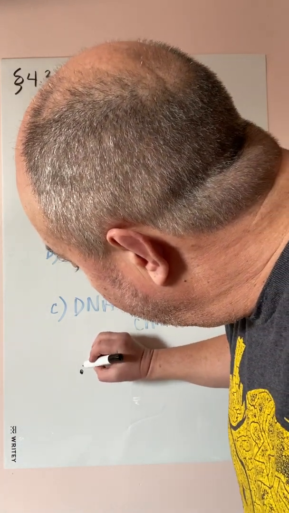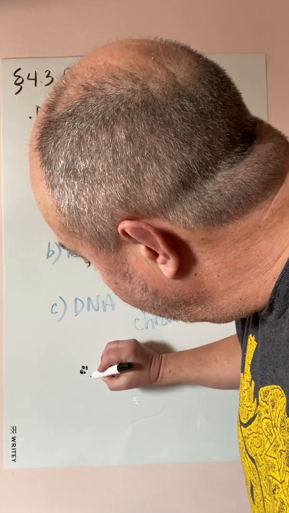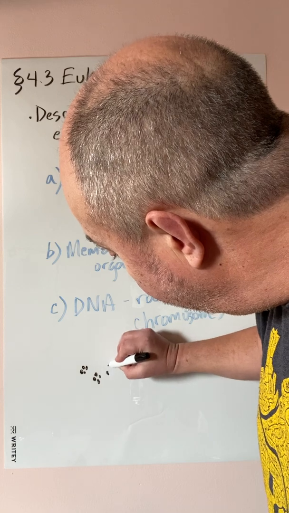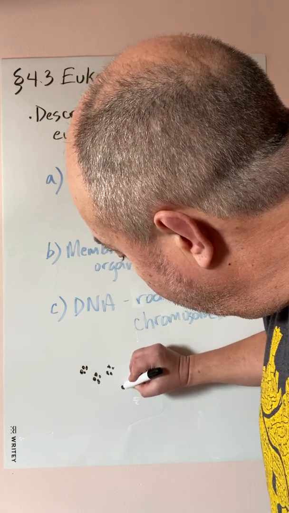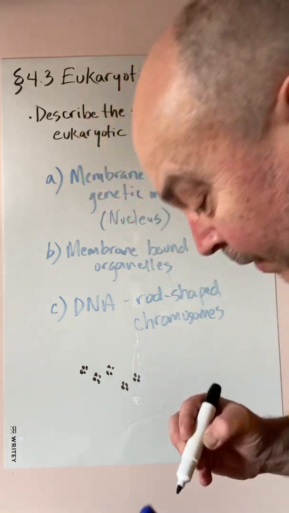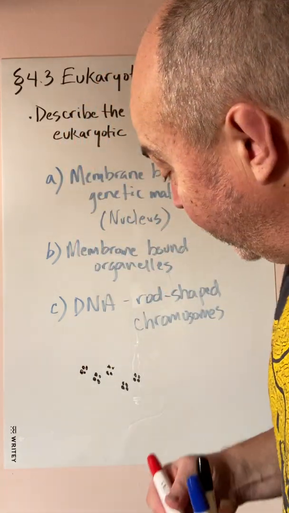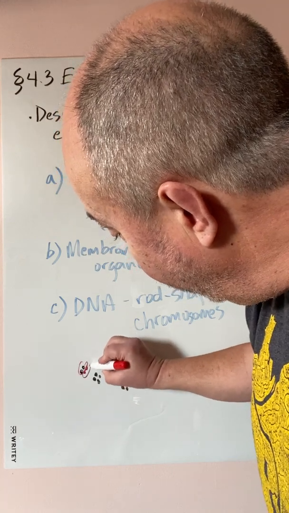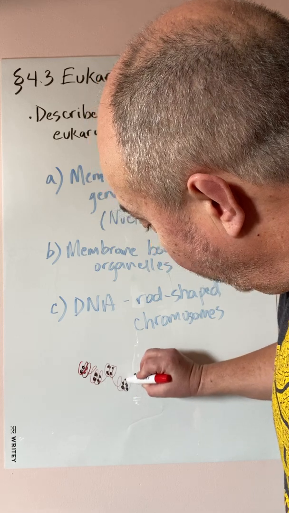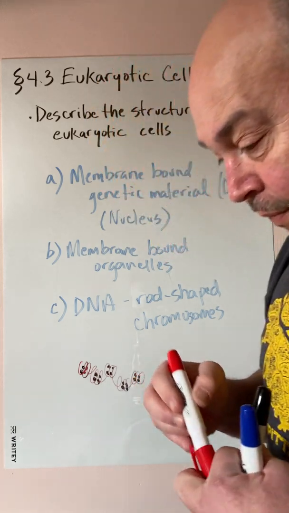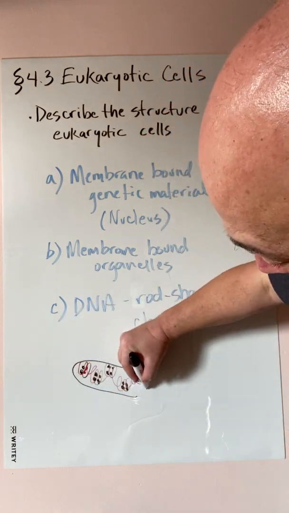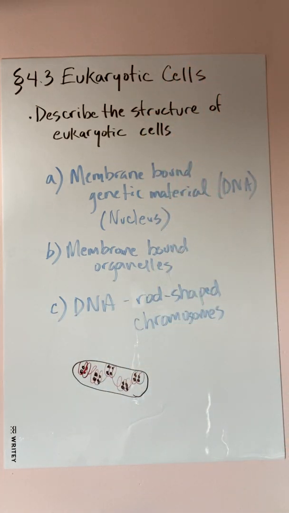And that combination of DNA and proteins, so here I'm drawing some proteins in black. They usually come in 4 subunits called histones. And then the DNA is wound around these histones. And when you look at the overall shape of these structures, you notice if we were to encapsulate them, it would look like a rod.